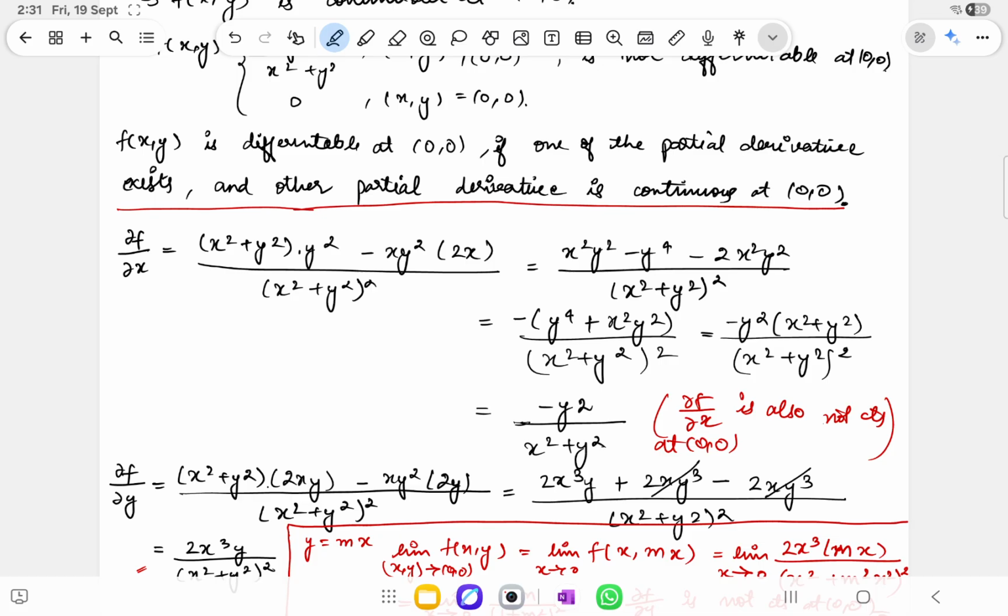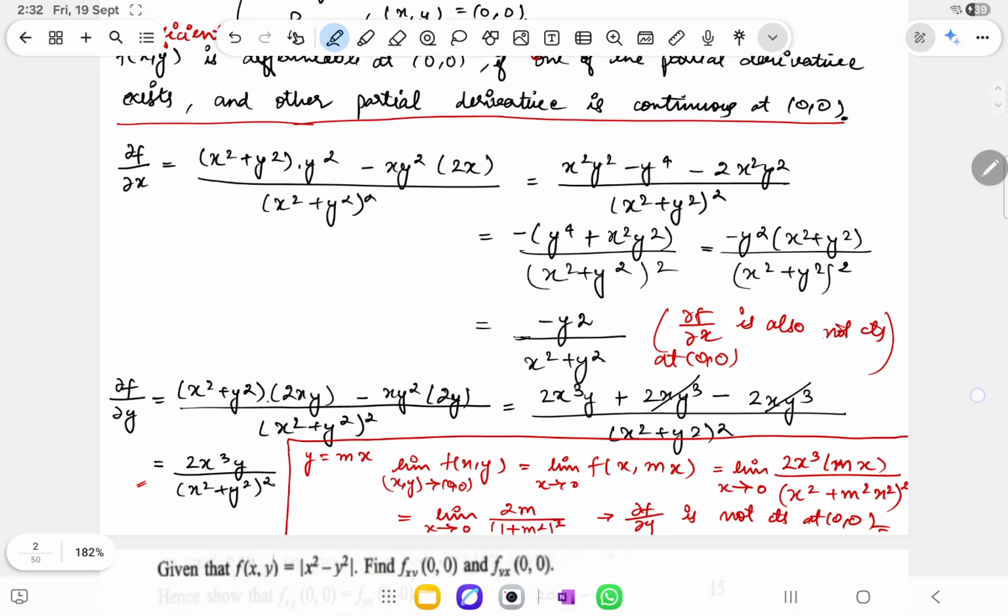Both the derivatives exist, but none of them is continuous at (0, 0). So we can conclude that our function is not differentiable at (0, 0). This is the sufficient condition for differentiability. So let's move on to the next question.